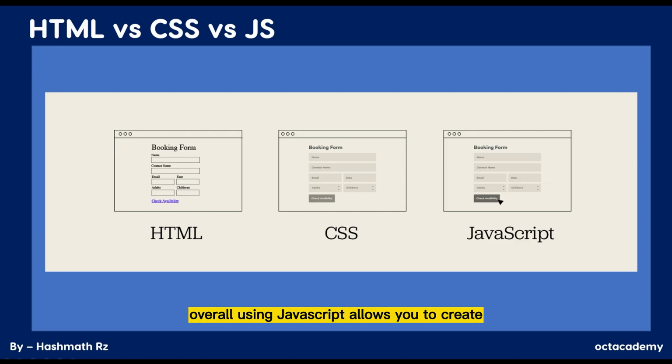Overall, using JavaScript allows you to create interactive and responsive web pages that can respond to user input and events. So now that you have the basic understanding of the web and how HTML, CSS, and JavaScript fit into the picture, next let's move on to the real business.